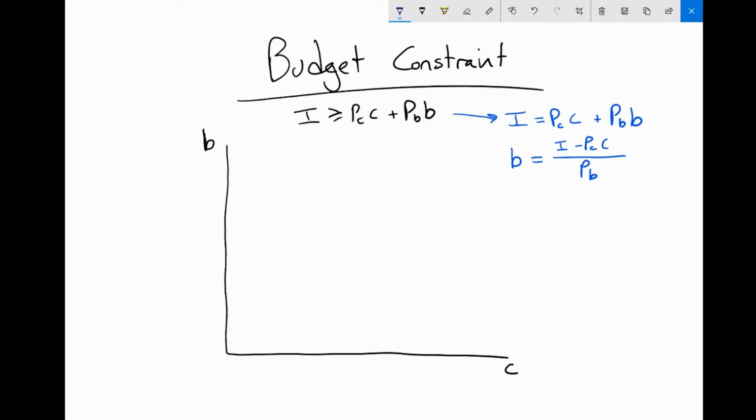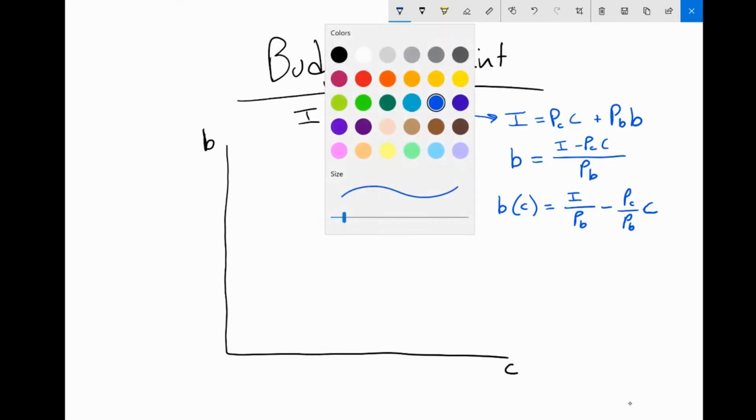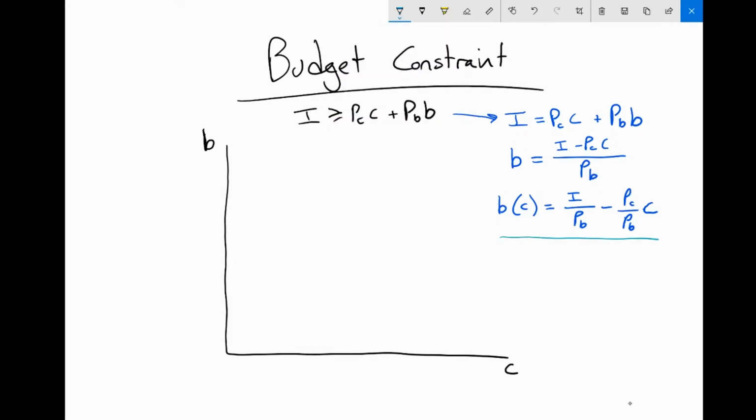What this gives us is a function, B as a function of C: I over PB minus PC divided by PB times C. Now I have bagels as a function of coffee, and this line is going to be the budget constraint on this graph.